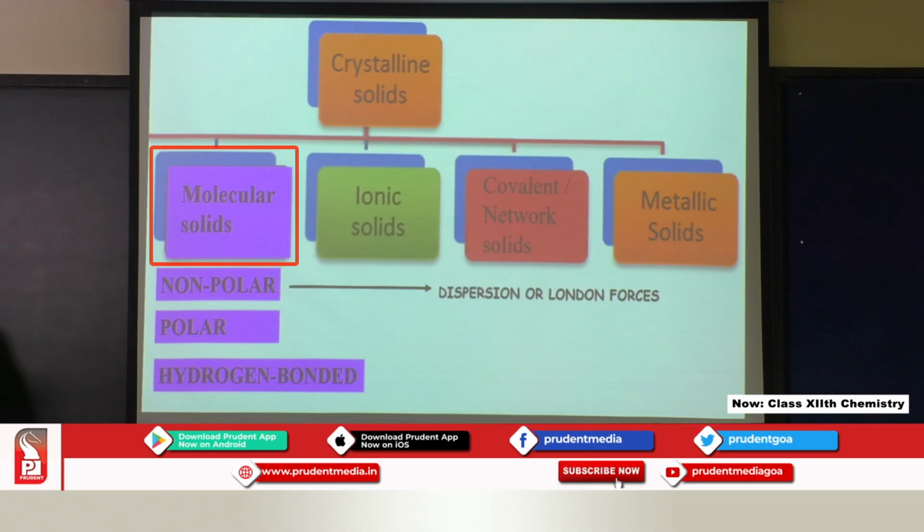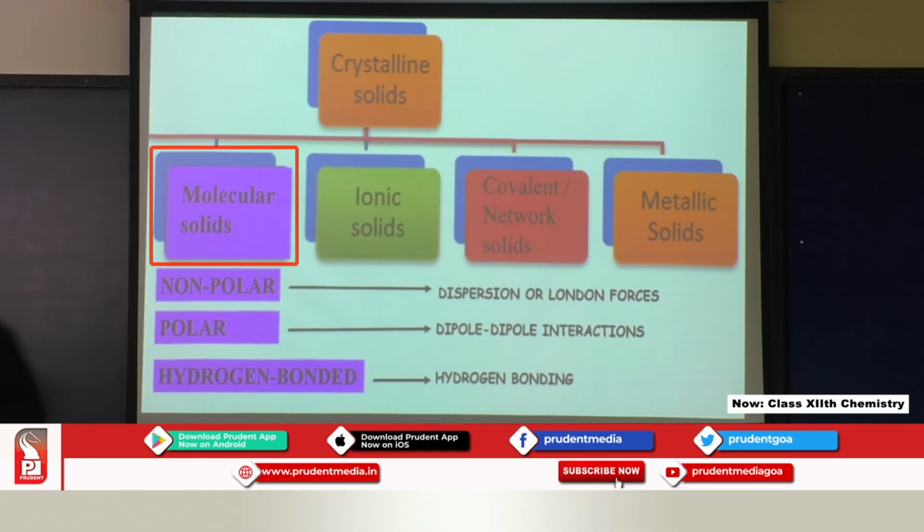Non-polar solids comprise of dispersion or London forces present between the constituent particles. Polar molecules show dipole-dipole interactions, and as the name suggests, hydrogen bonded molecules show the presence of hydrogen bonds between the constituent particles. All molecular solids are made up of molecules.